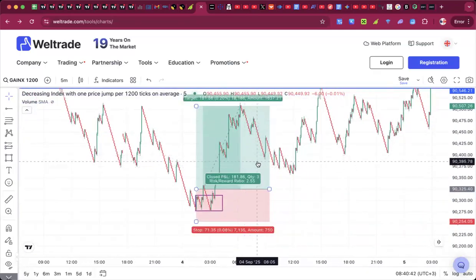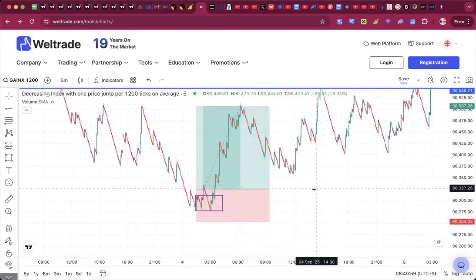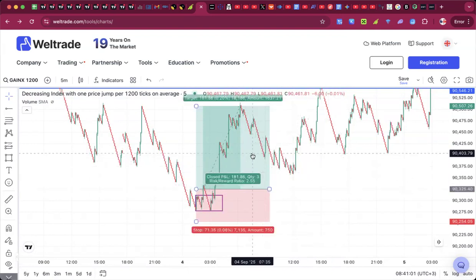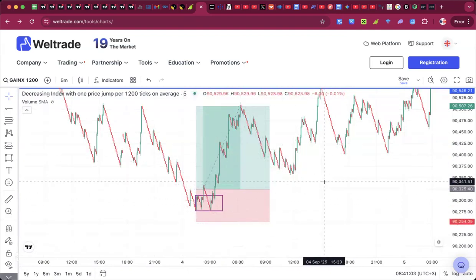That's about 181, so your stop loss is 71, or let's say 70. So 71 multiplied by 0.1 is just about $7. Just $7, if you hit your stop loss.